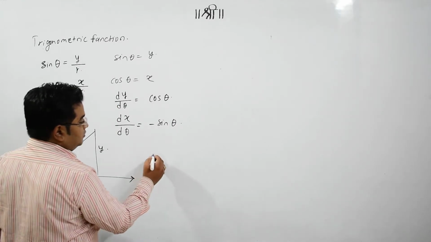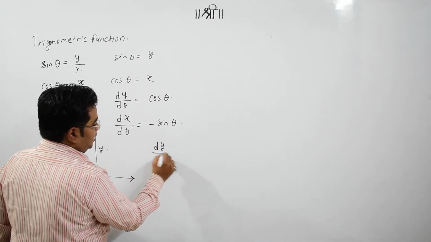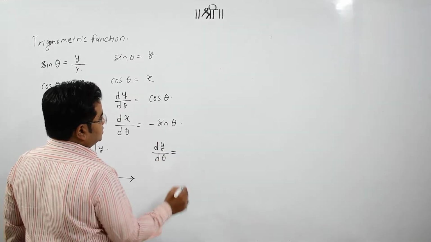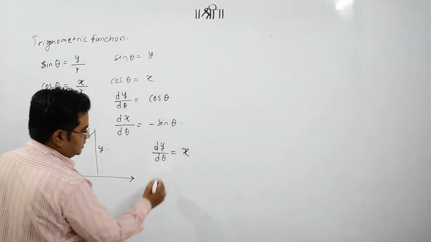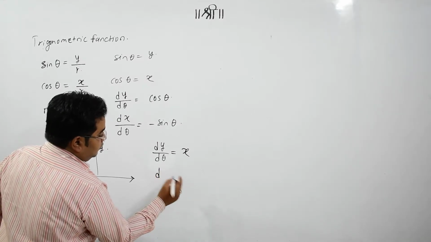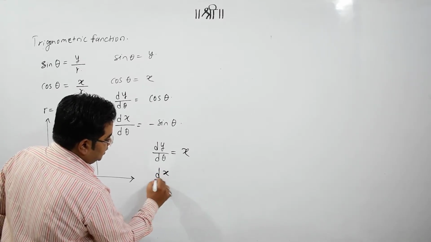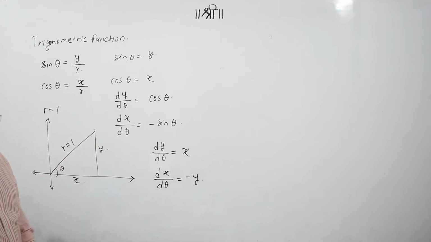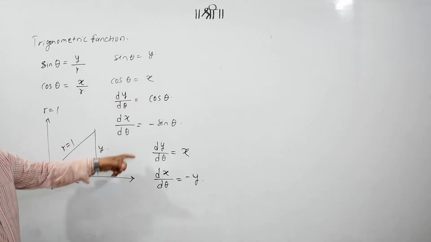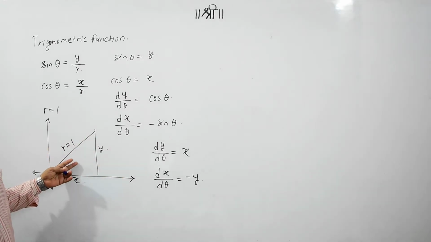Now what is the most important thing? dy upon d theta is nothing but x. Very, very interesting. And dx upon d theta is nothing but minus y. Understood? So that's how it is very interesting to understand in this parameter.